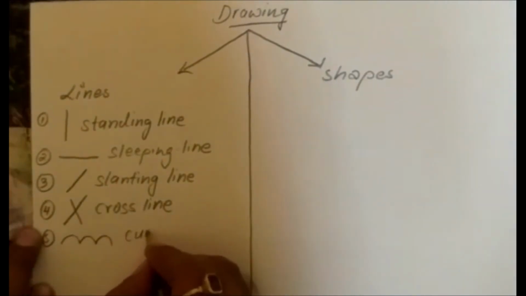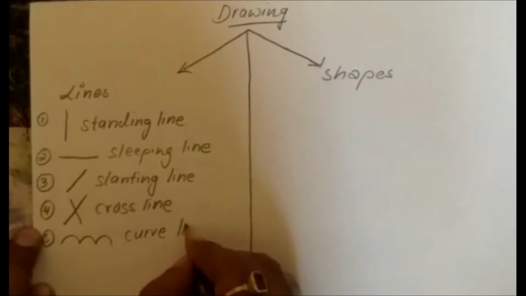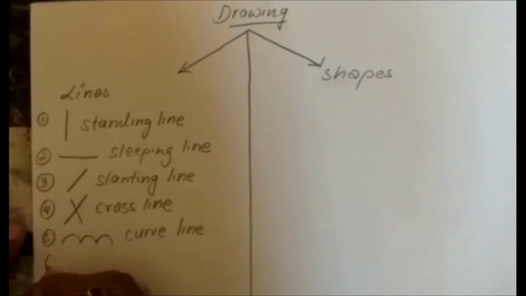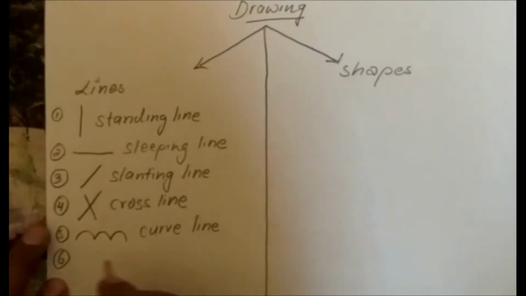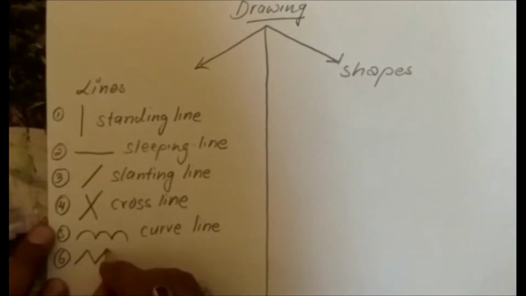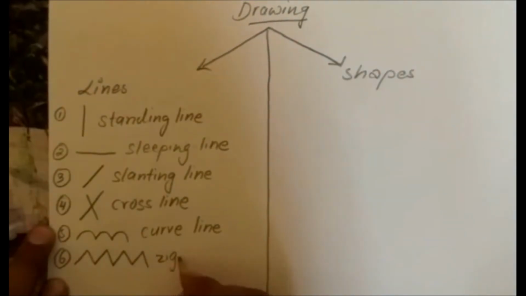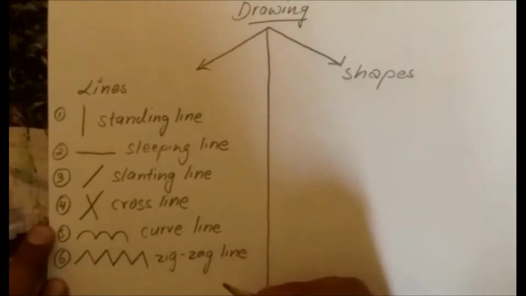Fifth, curve line. With a curve line you can make clouds, trees, bushes. With the sixth line, zigzag line, you can make small grasses, big mountains.